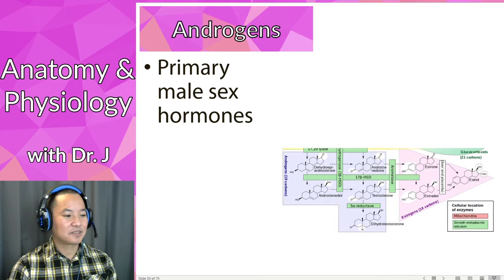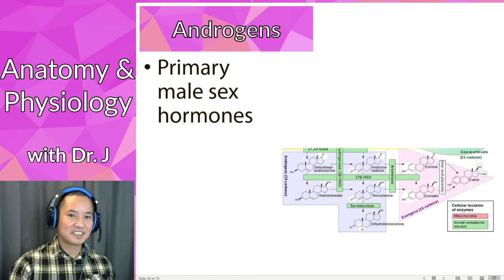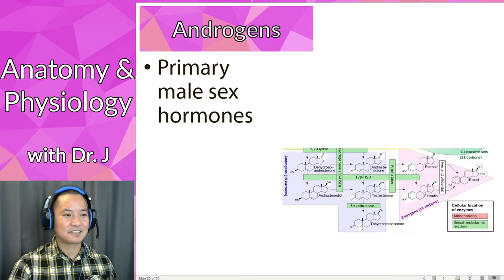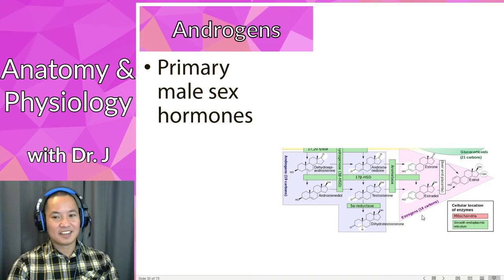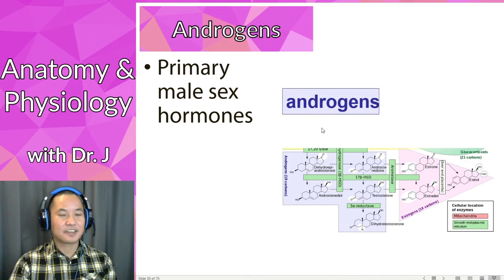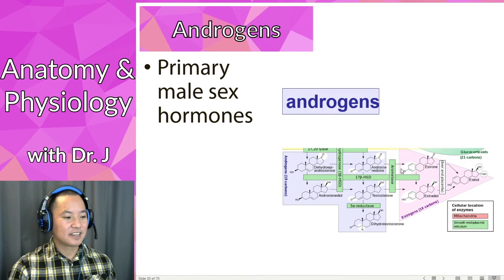But what we have here are 2 categories, androgens and estrogens.